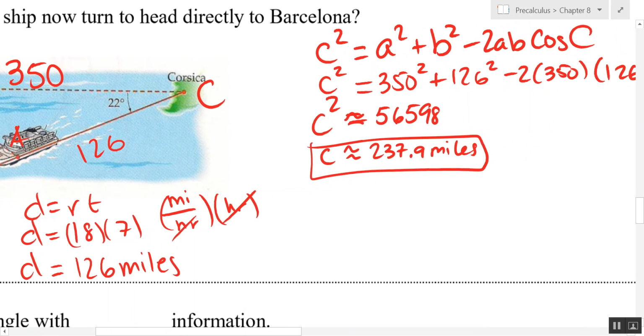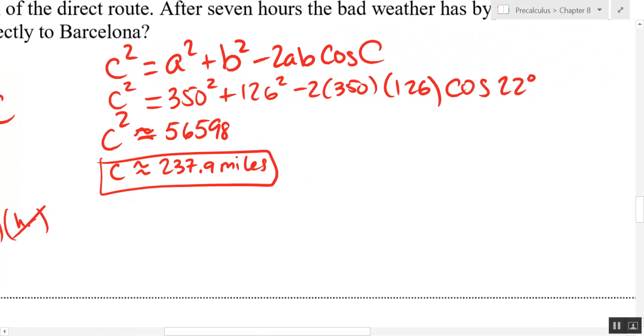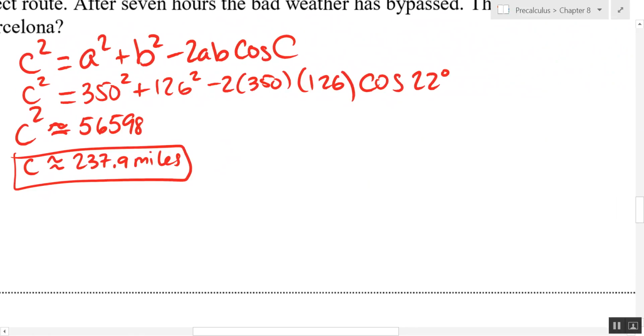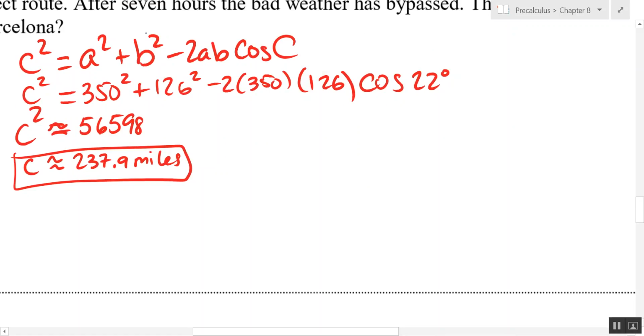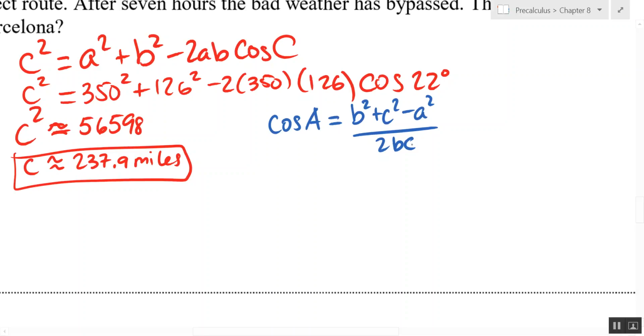And we're going to use the law of cosines again. And we're going to use the modified formula to solve for the angle. So I'm going to say the cosine of A is equal to B squared plus C squared minus A squared all over 2BC. Again, that's just the law of cosines solved for the cosine of A. And we're going to make our substitutions.